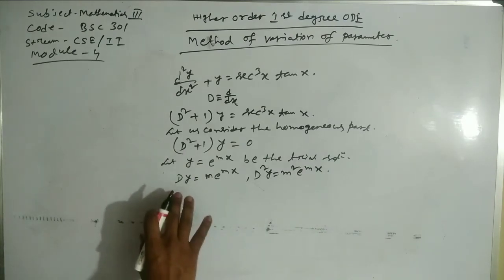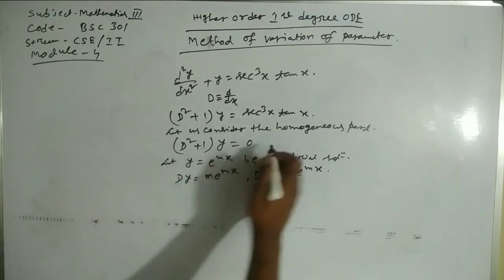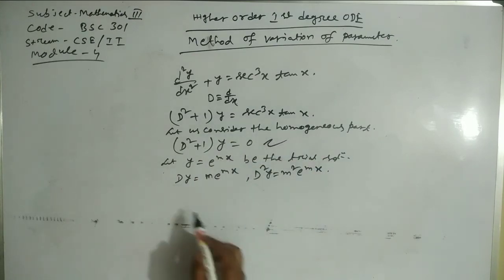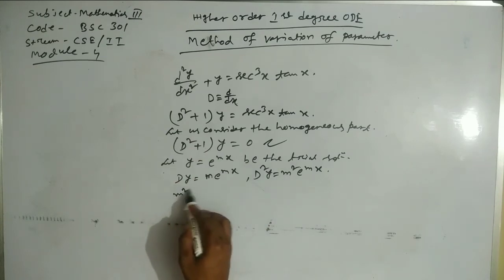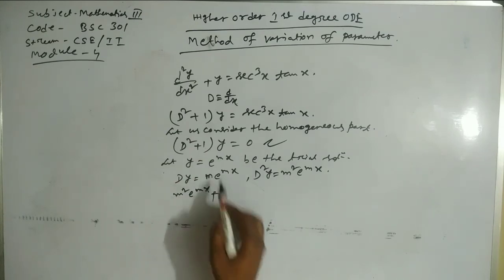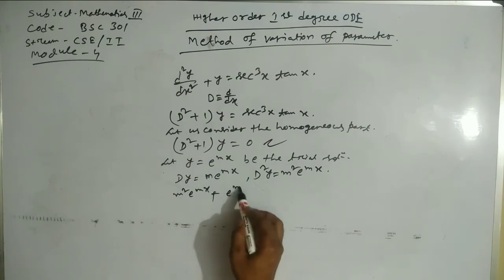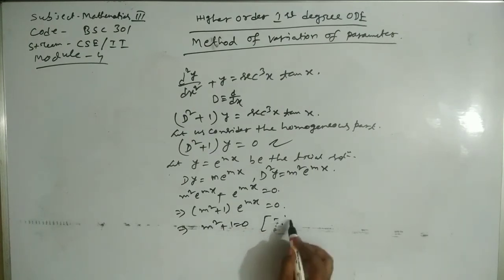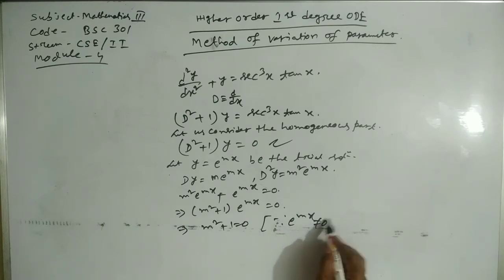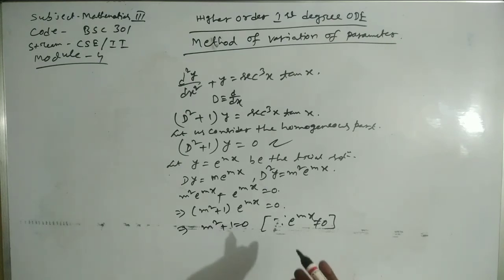Now we will put these values in this equation. So putting d square y, that is m square e to the power mx, plus y is e to the power mx, equal to 0. So now m square plus 1 will be equal to 0, since e to the power mx is not equal to 0, because we know that exponential function is always a non-zero function.